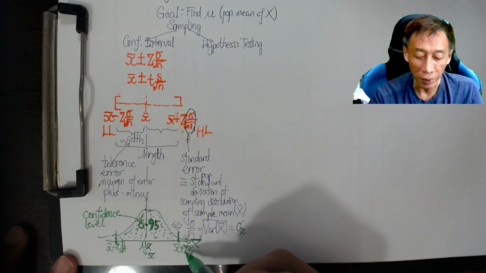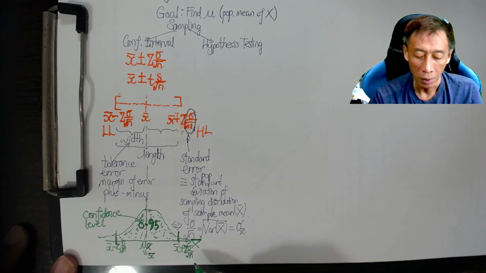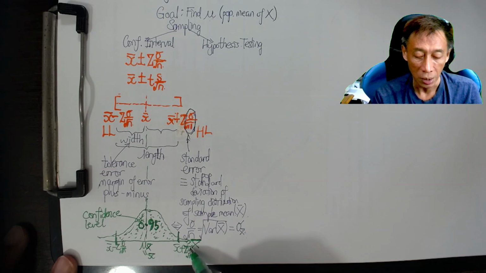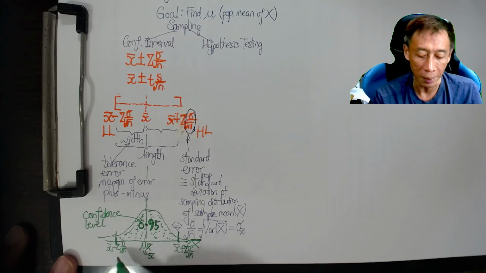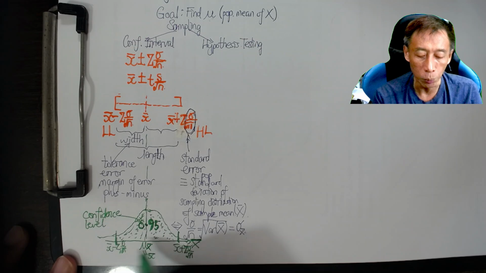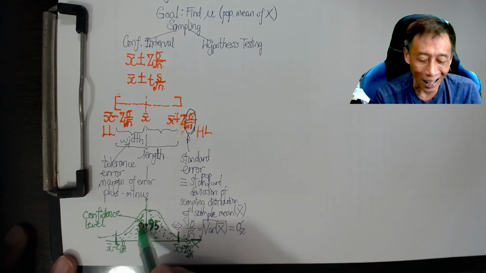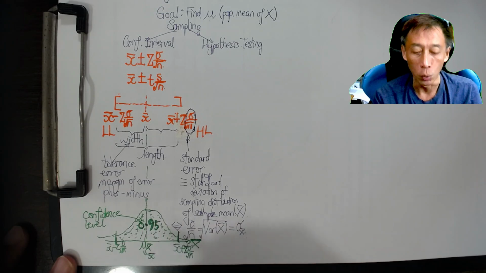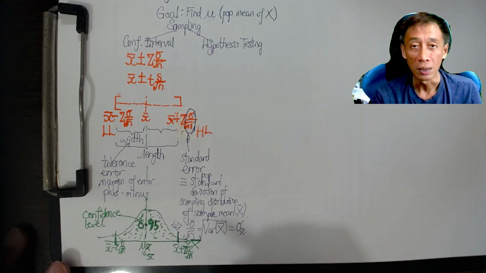And once we find the Z, because we already have X bar, sigma, and n, we can calculate first the standard error, then multiply by Z to get the width, and then just use X bar plus minus the width to get these two lines. These two numbers, together with a repeat of the confidence level, give us the confidence interval.